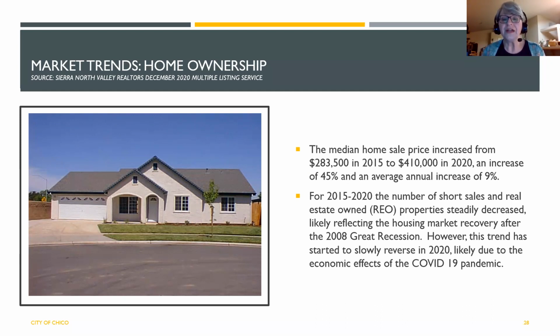For this period of 2015 to 2020, the number of short sales and real estate owned properties did steadily decrease, and that likely reflects the housing market recovery that happened after the 2008 Great Recession. However, this trend has started to very slowly reverse in 2020 with some foreclosures, and this is likely due to the economic effects of the COVID-19 pandemic.